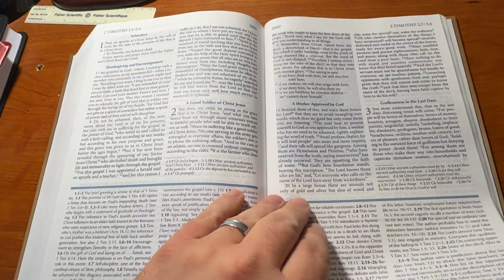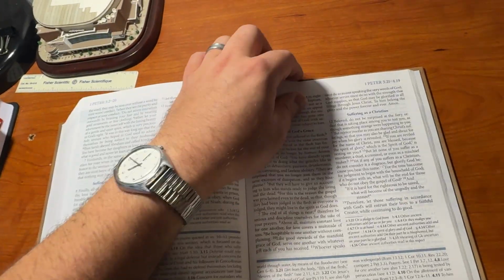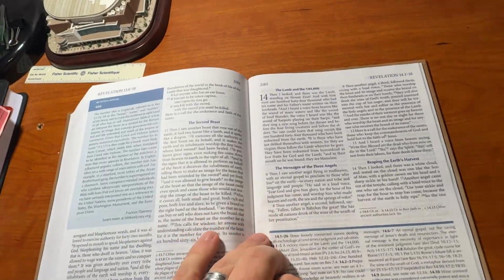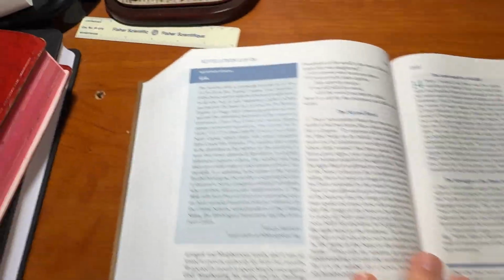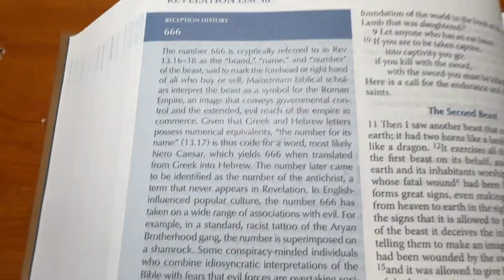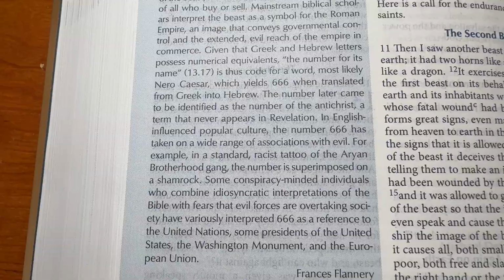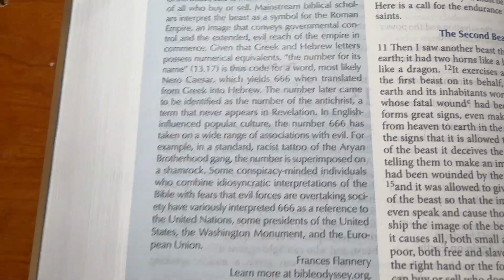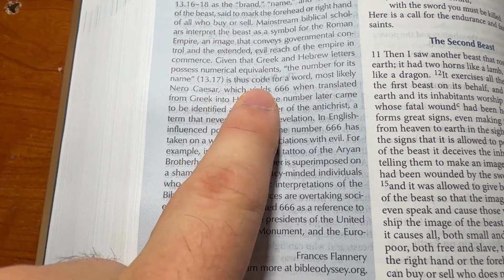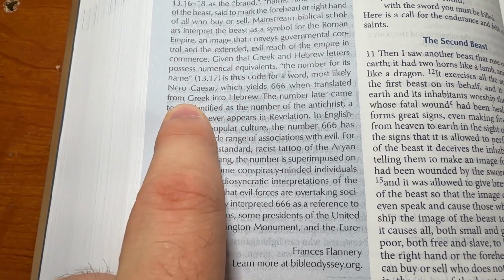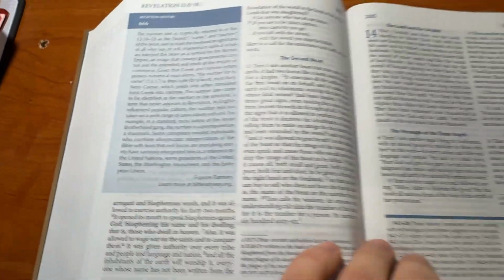Now let's have a look at the back, and let's see what's in the back here. So of course you get an article on 666. Thus code word most likely Nero Caesar, which yields 666 when translated from Greek into Hebrew.